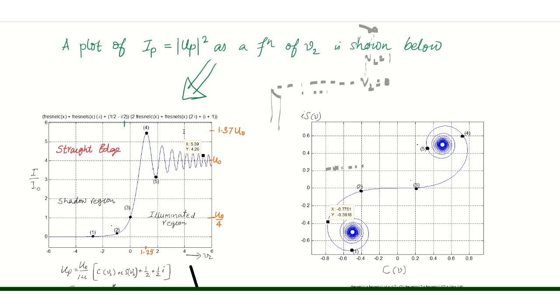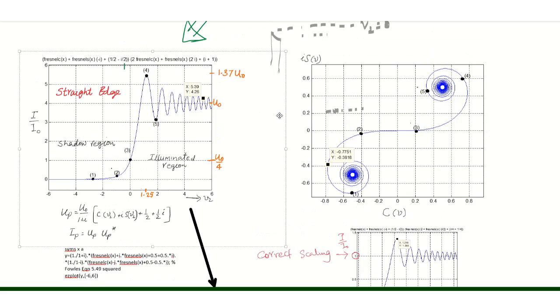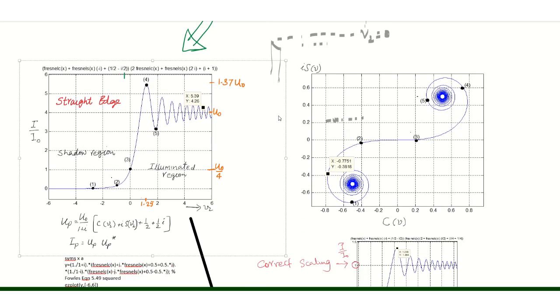This is what you will see in this picture here. I have plotted the intensity, IP is UP times UP star.